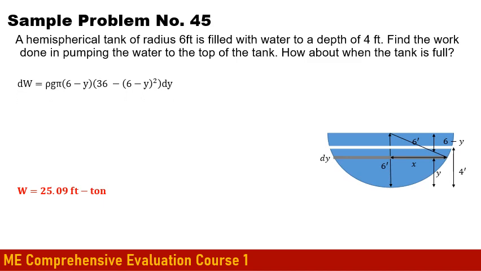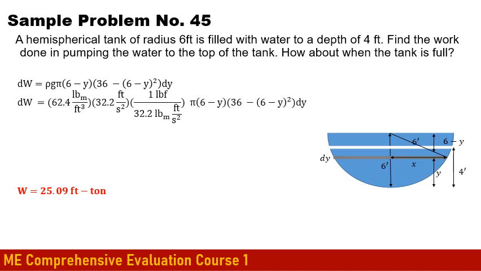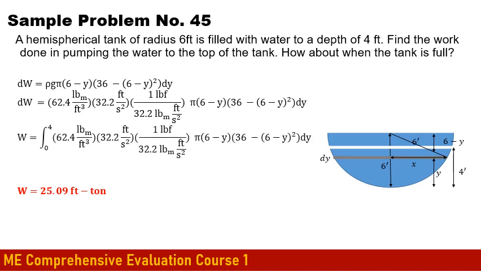And then we are going to simplify and substitute the values: the density, gravity, and then we have to convert the pound mass feet per second squared to pound force, multiplied by pi, (6 minus y), and this term times dy, and integrating these values from 0 to 4, since we are to take out the water from the height 0 to height 4.